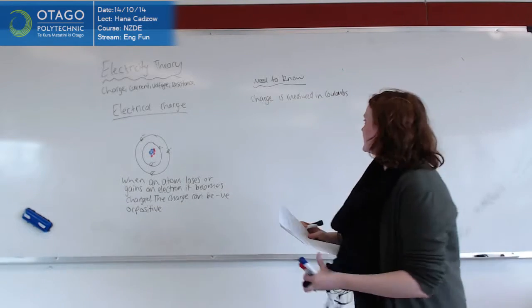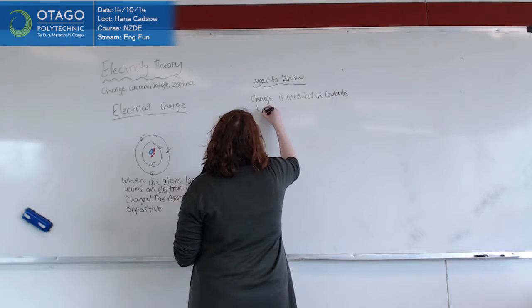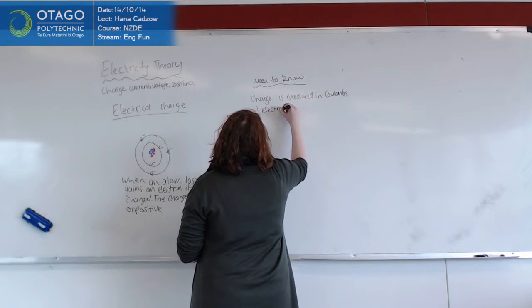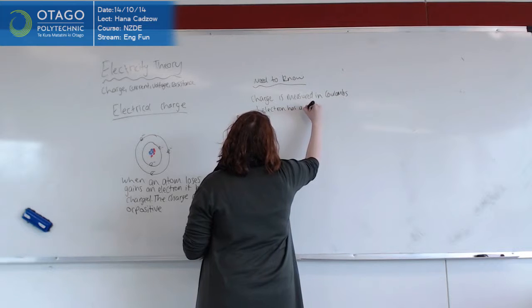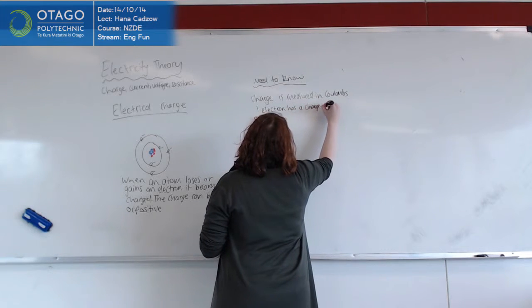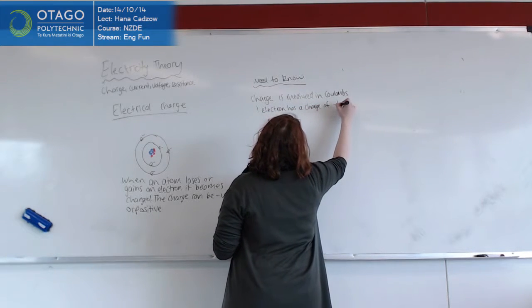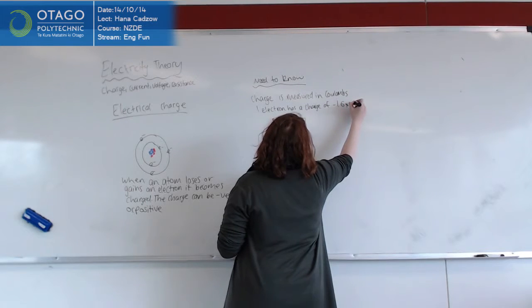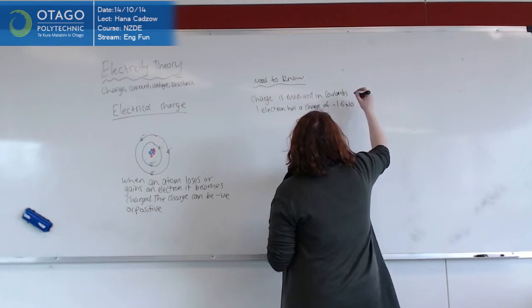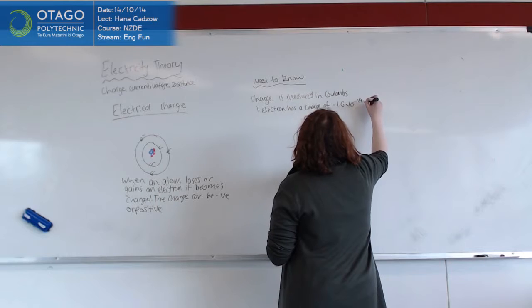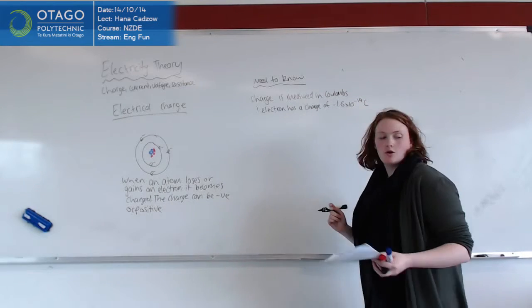Okay. And 1 electron has a charge of negative 1.6 times 10 to the negative 19 coulombs.